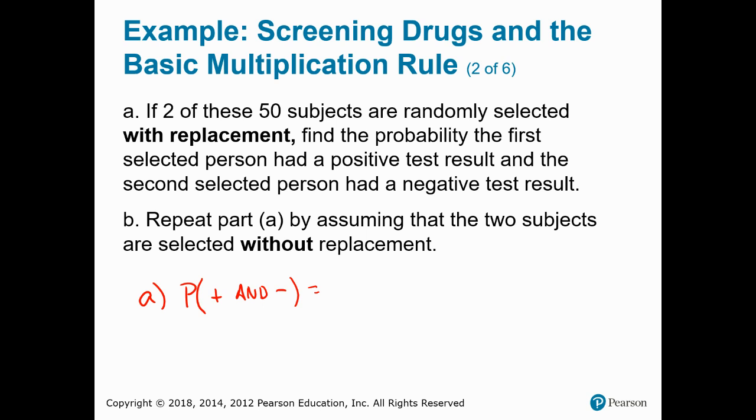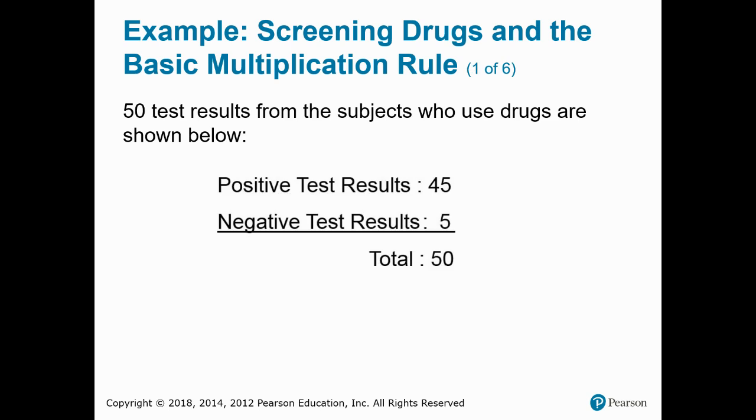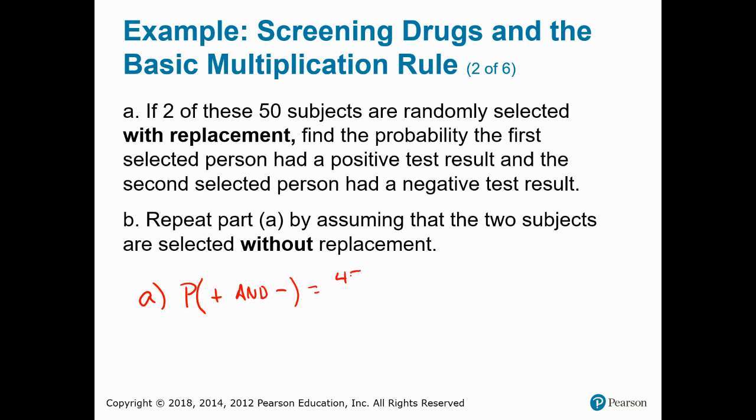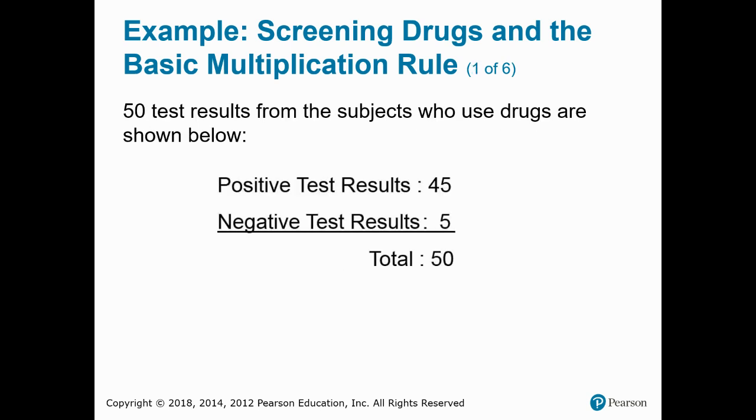Then part B says we're going to do that same problem, but without replacement. So with replacement, what's the probability of picking a positive? The probability of positive would be 45 out of 50. The probability of negative is 5 out of 50. Again, with replacement, we have 50 people in the bowl of names, right?